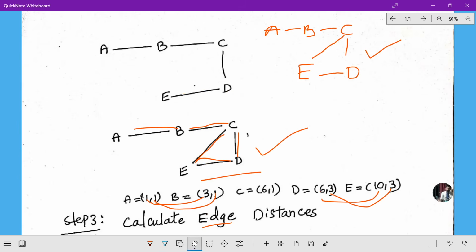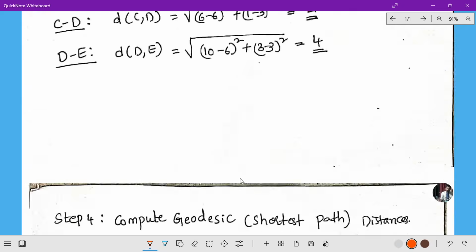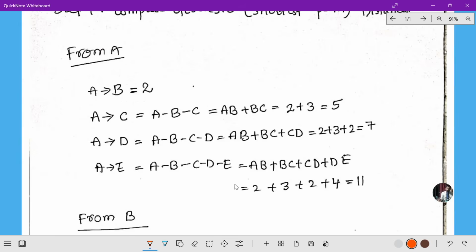This is A to B plus B to C plus C to D. Yes, so this is A to D. So how to write this one? We can add AB once, we can add BC once, we can add CD.